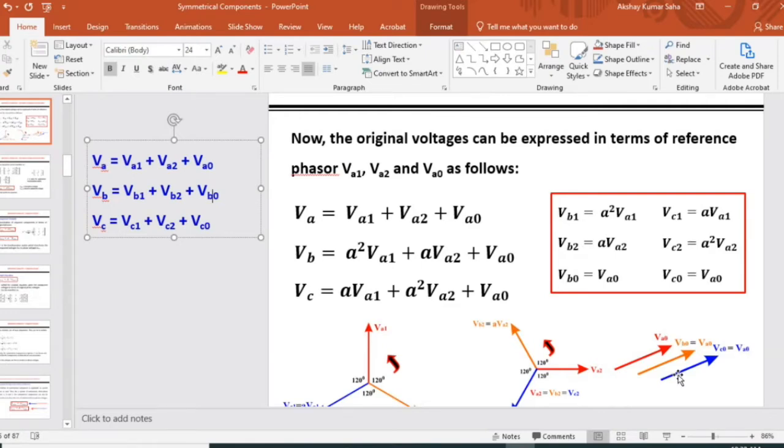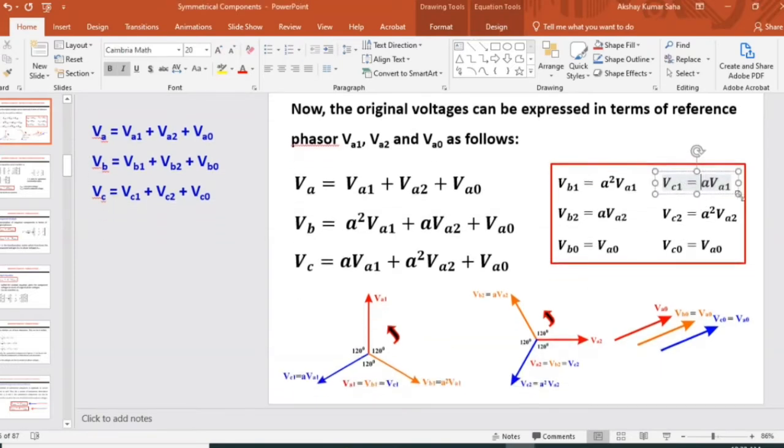Okay, so when we're done with that, we can go to the equation of VC, the phase voltage of C. VC1 is A VA1, coming from positive sequence. We can go back and write it from there: from VA1, it's 120 degrees in the counterclockwise direction, so A VA1, we put it there.